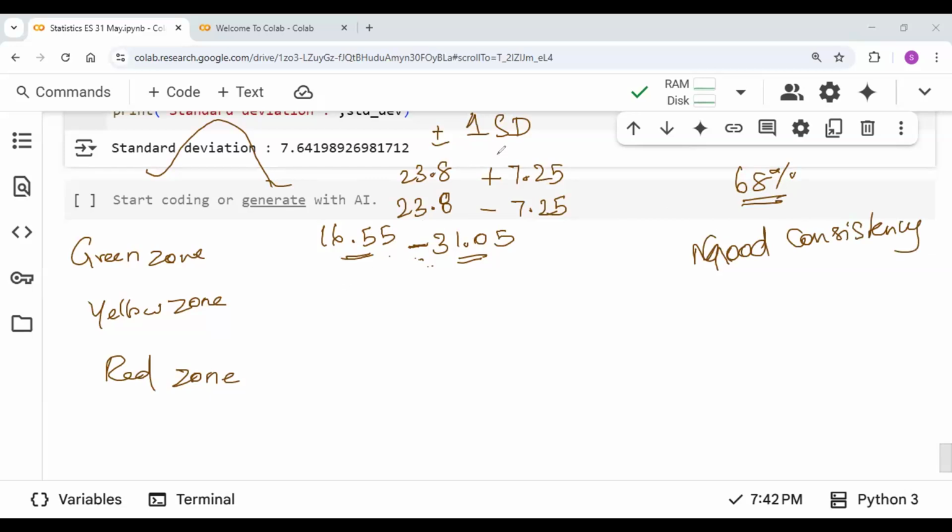Next, the yellow zone. Yellow zone means 2 times the standard deviation, plus or minus, from the mean. This is plus or minus 1 standard deviation, and this is plus or minus 2 standard deviations.